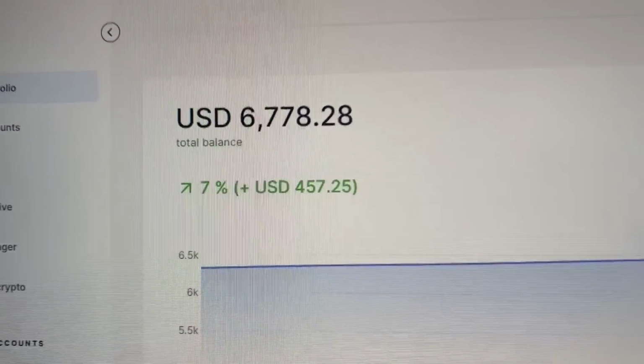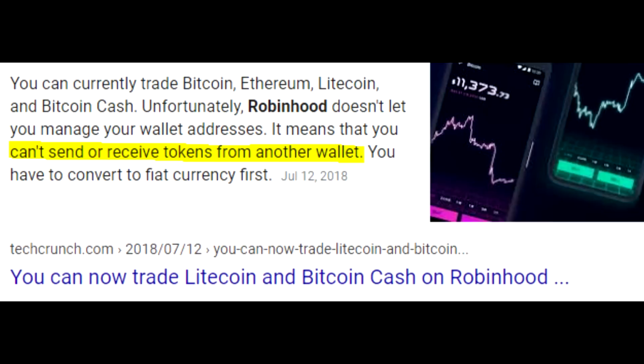Now, that being said, here's the reason why I do not recommend using Robinhood for trading cryptocurrencies. That is because Robinhood does not let you transfer your crypto out of your account. Whereas with Coinbase, as soon as you buy your Bitcoin and it's in your wallet, you can transfer it to an external wallet and store it offline.